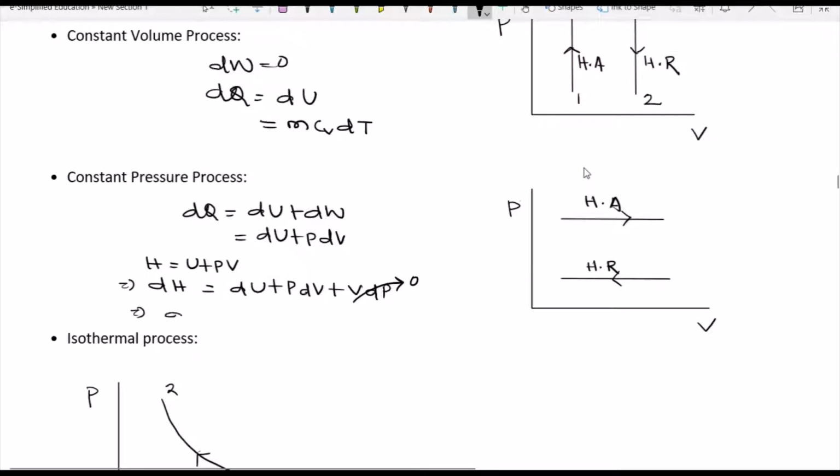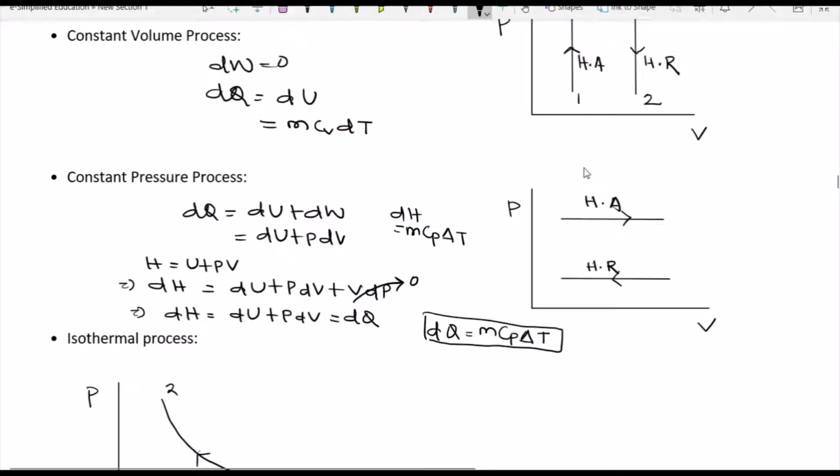Then dH equals dU plus pdV, which is nothing but dQ, and we know the dH formula is mCp dT, so we can write dQ equals mCp delta T. So this is the heat transfer for the isobaric process, which is a constant pressure process.